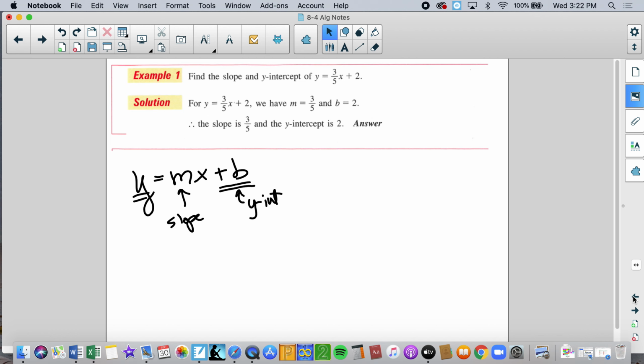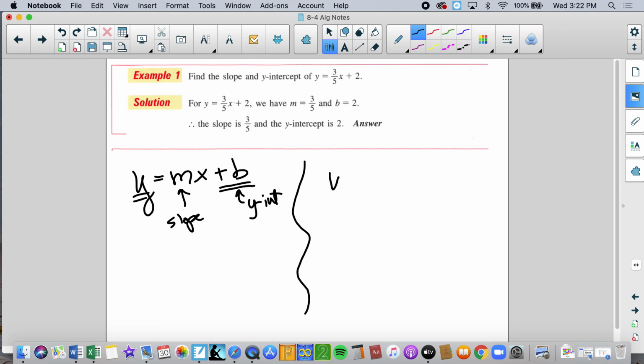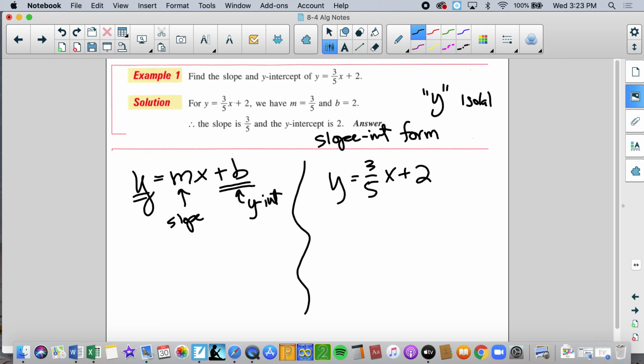So let's go back to this. Finding the slope-intercept. The slope is always going to be the coefficient. So when we look at this equation, y equals 3/5 x plus 2, the first question we have to ask is, is it in slope-intercept form? And how do we know this is in slope-intercept form? Y is isolated. Is y by itself? Yeah, y is by itself.